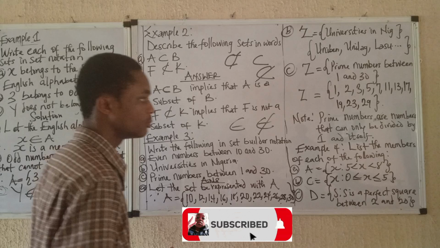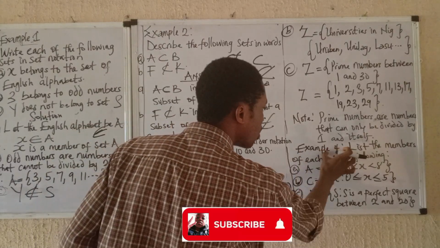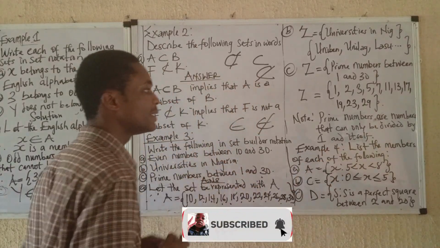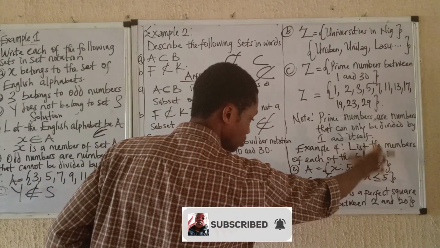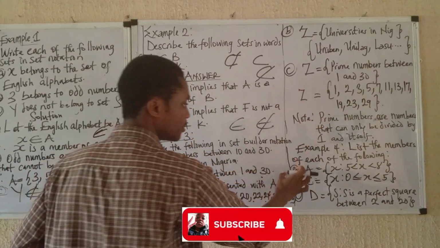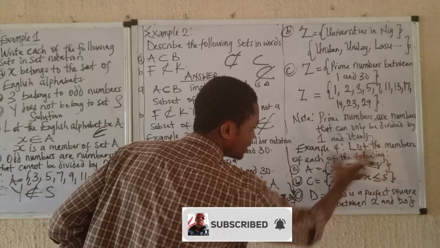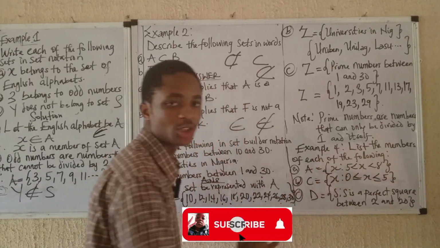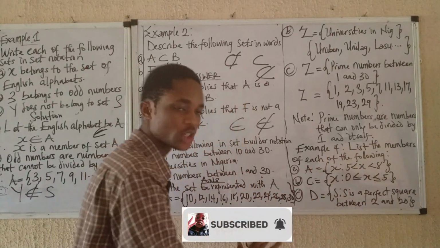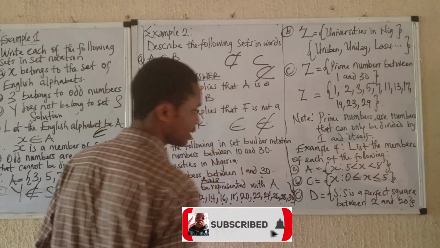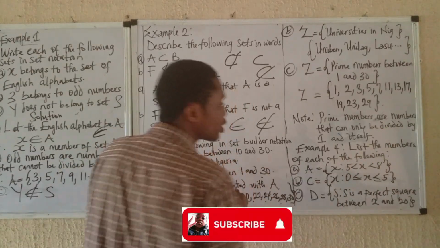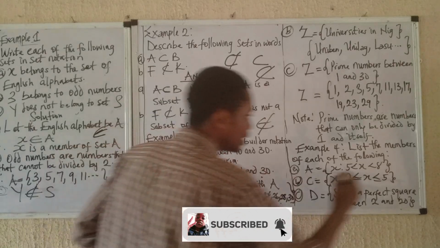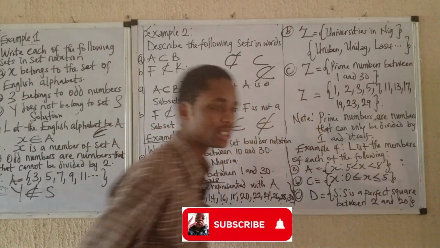Going to the next example, example 4. List the members of each of the following. We have this pattern, which is in set builder notation. Set A equals X such that, I told you before that this symbol signifies such that.